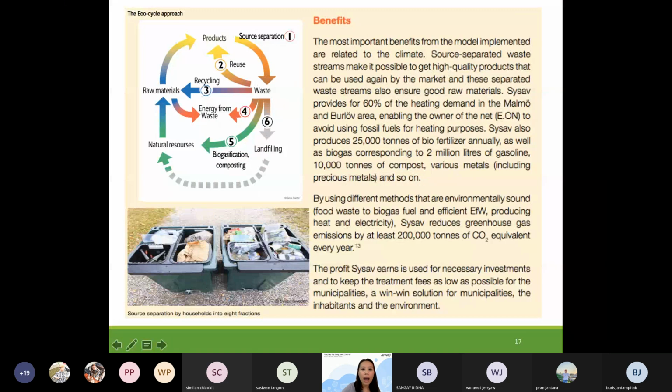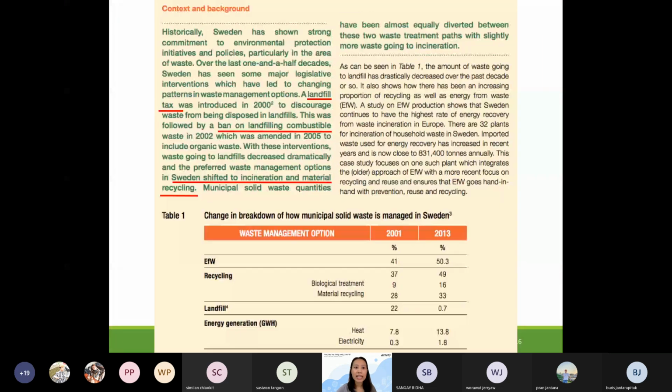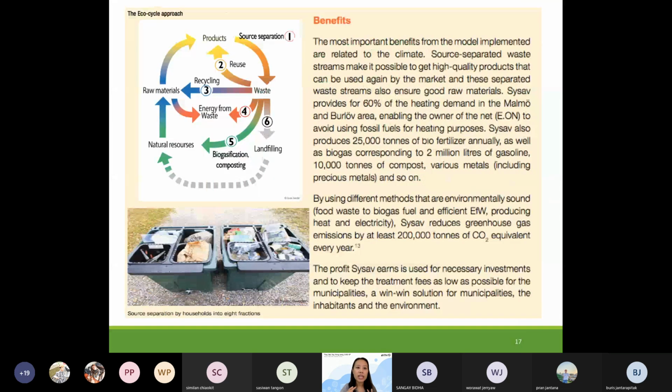Before their success with the landfill tax and waste to energy in Sweden, the separation at source was very important.